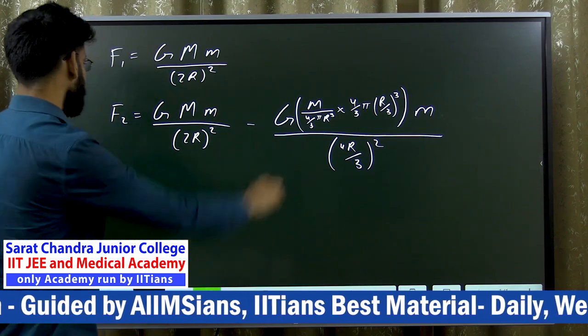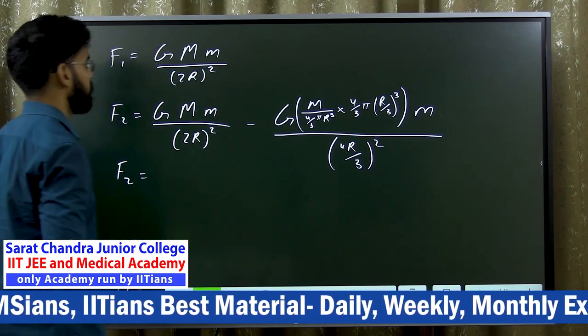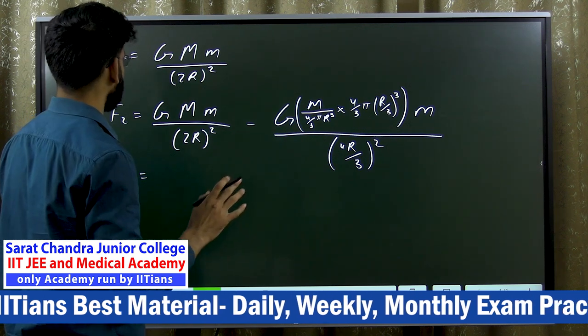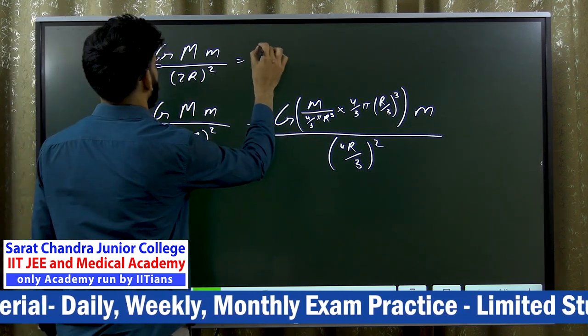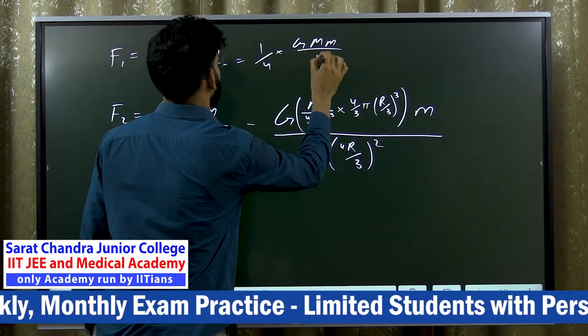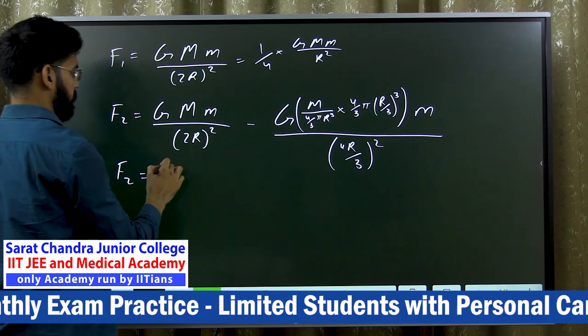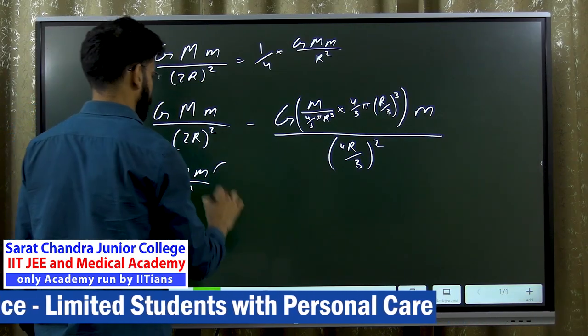Understood? Now see how much F2 came if we simplify it a little bit. No need to simplify that much. Just see here how we can do. Here this is 1 by 4th of G M m by r square, right? And here if I take common G M m by r square, what is there?